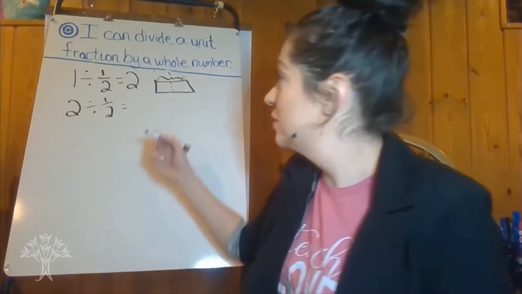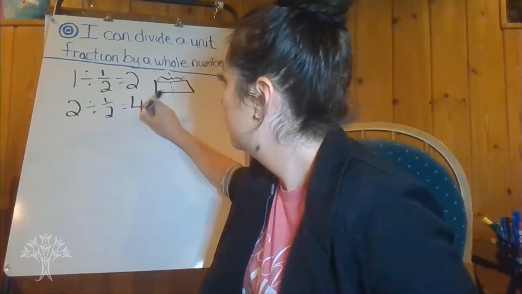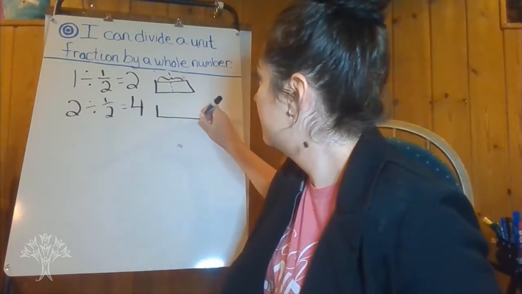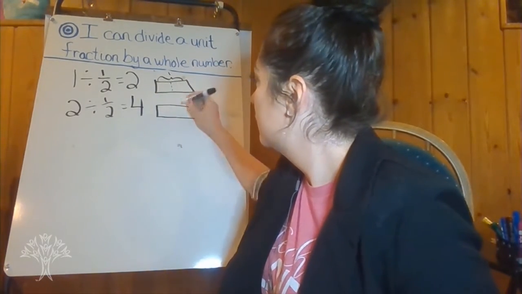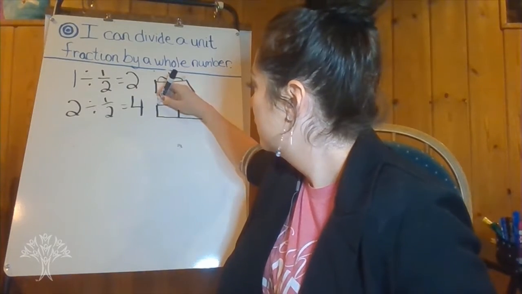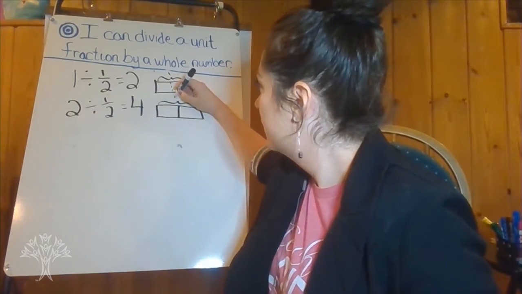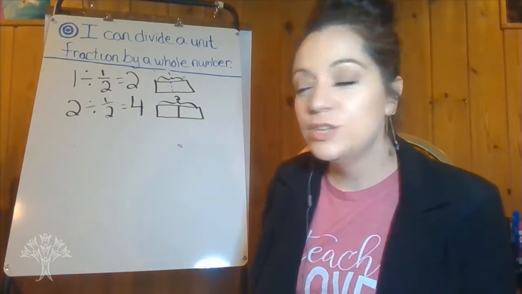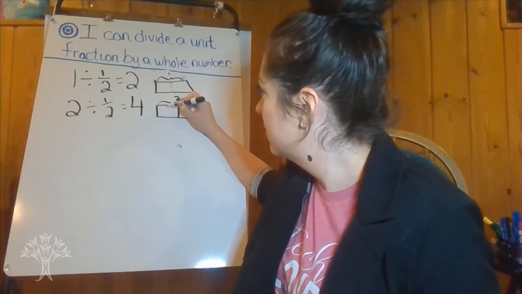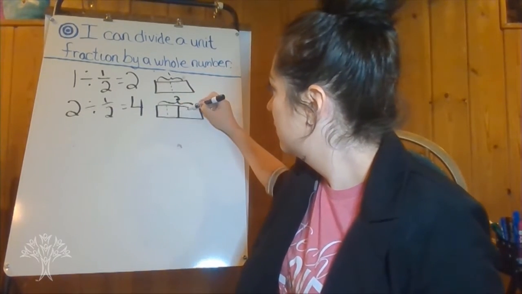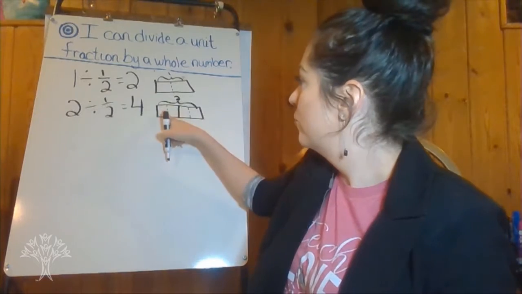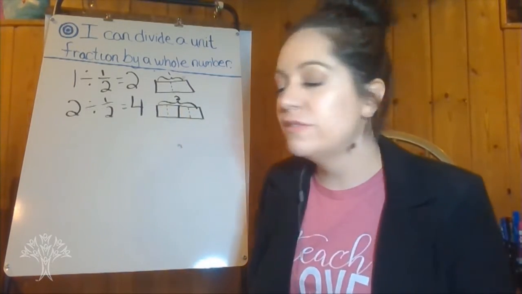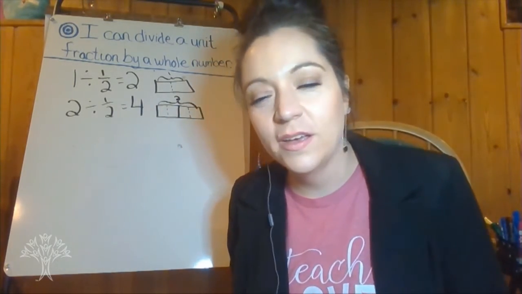Did you say 4? The whole thing represents 2. How many halves? 1, 2, 3, 4. 2 divided by 1/2 is 4.